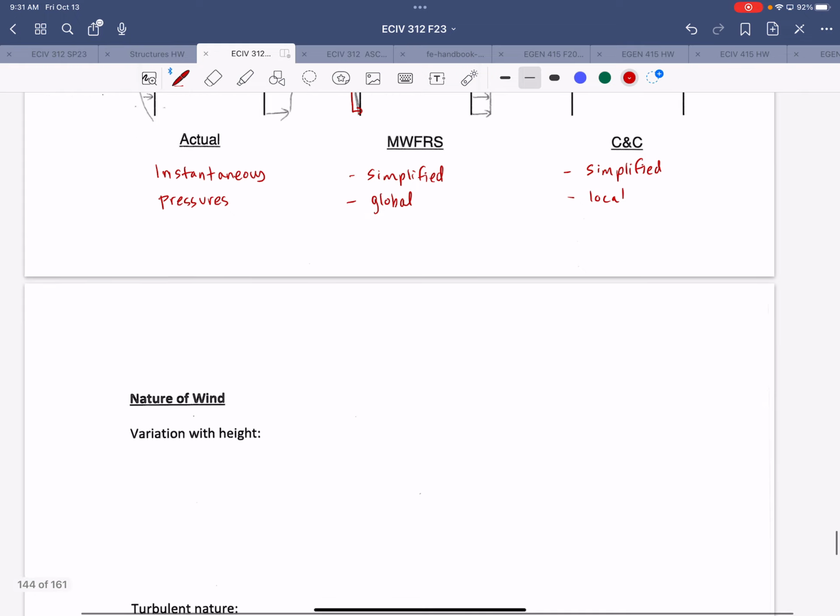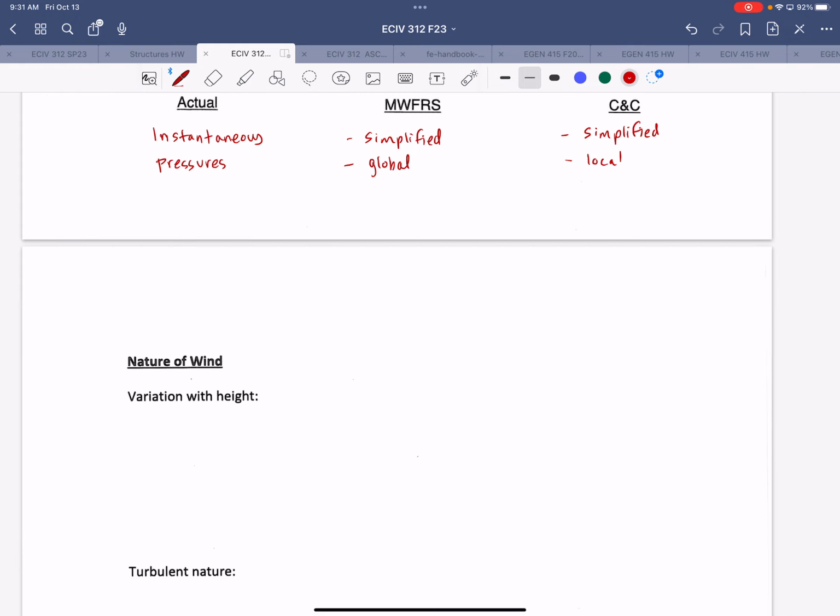All right, so on the next page, we're going to break down a few characteristics of wind.